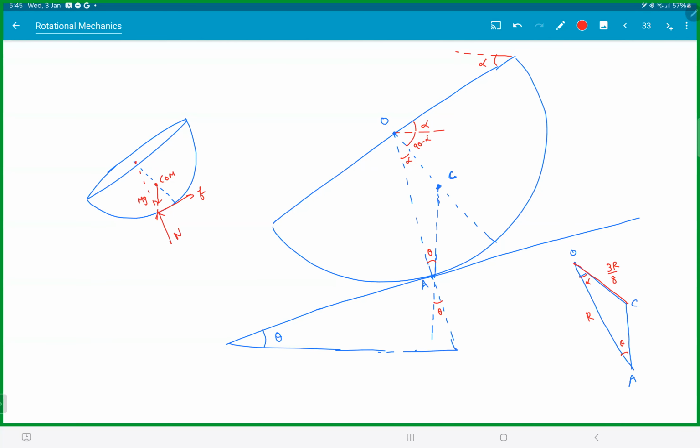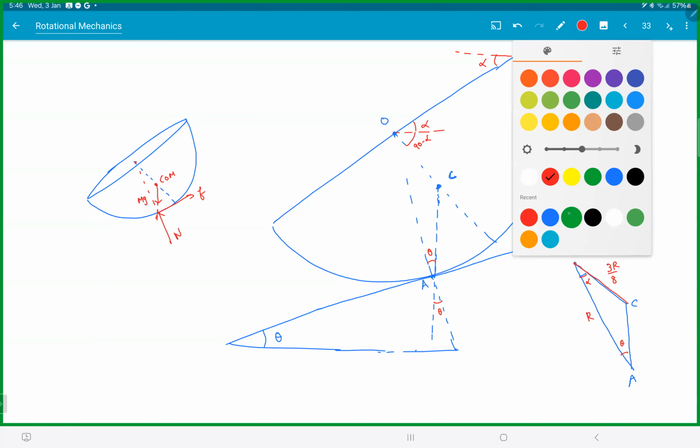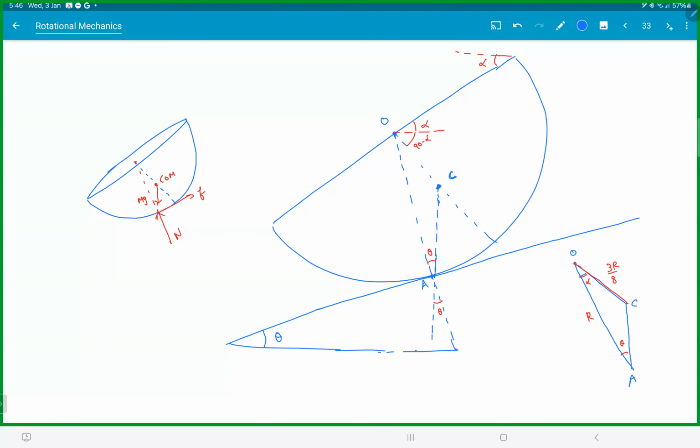Why will this be alpha? This won't be alpha, no? This would be alpha. Then this would be 180 minus alpha.